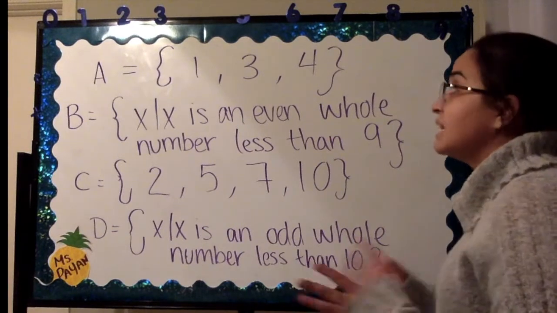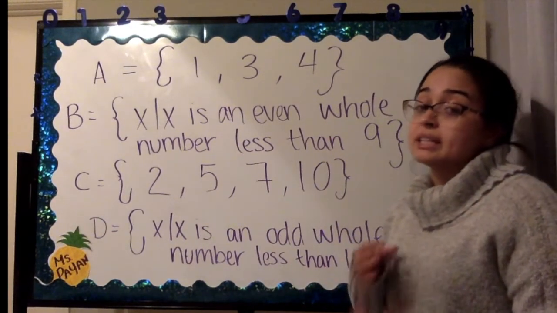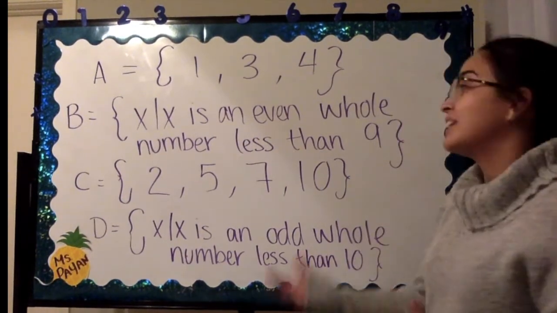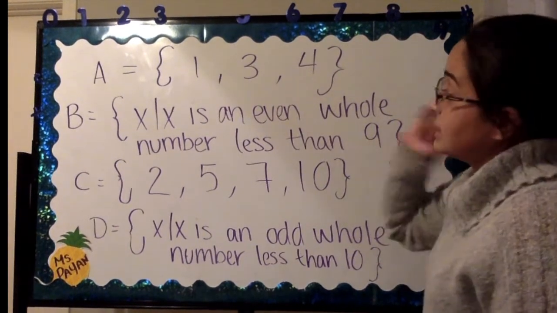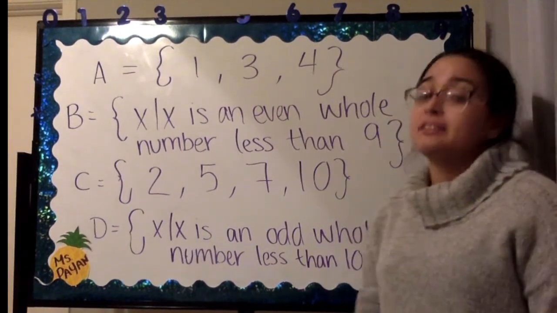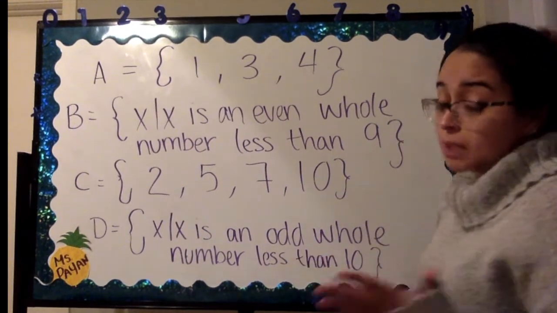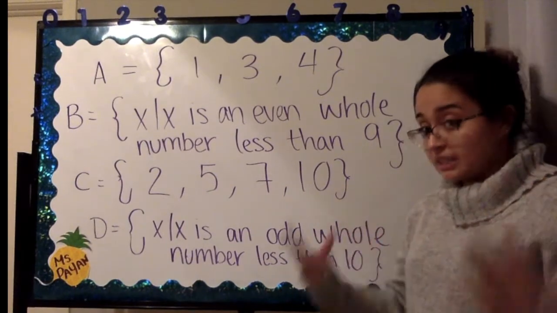And it is an even number. Now, this is where we know that it is no longer a union because, why is it not a union? We have 1 that's an odd number and 3 that's an odd number, but 4 is an even number. So it meets most of the characteristics, but not all of it, but it is considered an intersection.